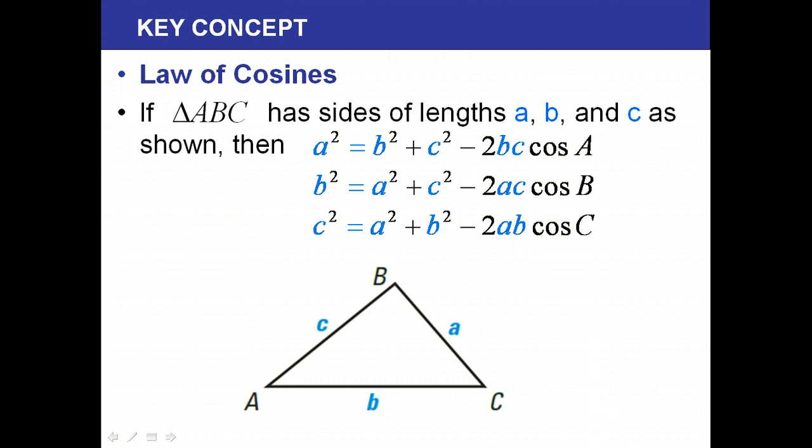So for b, I'm going to have a squared plus c squared. I'm going to subtract twice a times c and then multiply it times the cosine of B. And same thing goes with C.